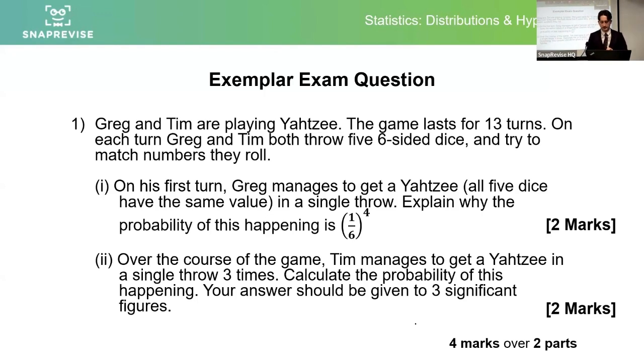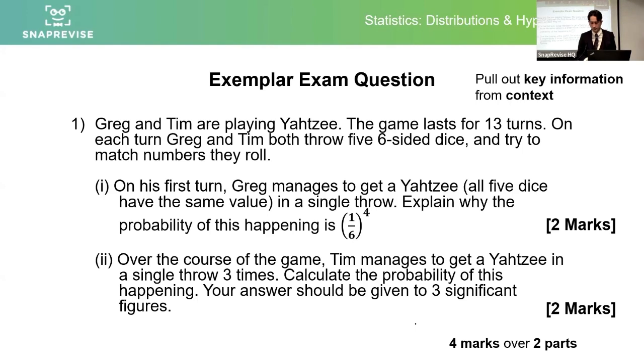Explain why the probability of this happening is 1/6 to the power of 4. And the second question says, over the course of the game, Tim manages to get a Yahtzee in a single throw 3 times. Calculate the probability of this happening. Your answer should be given to 3 significant figures.